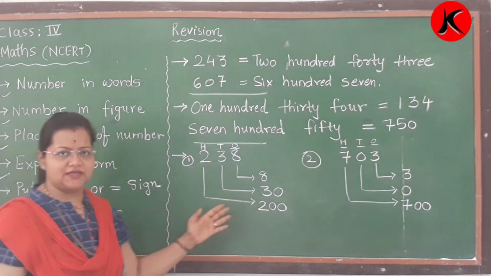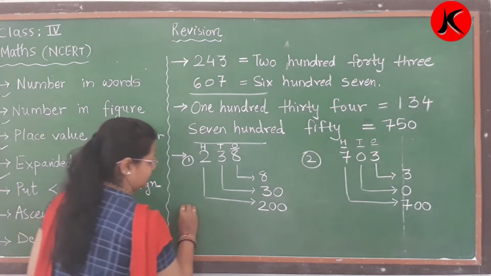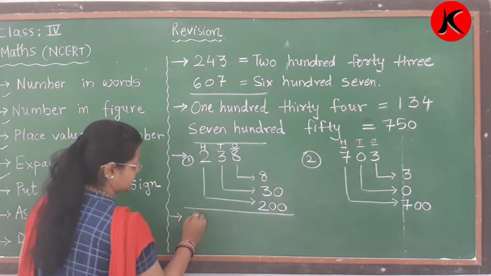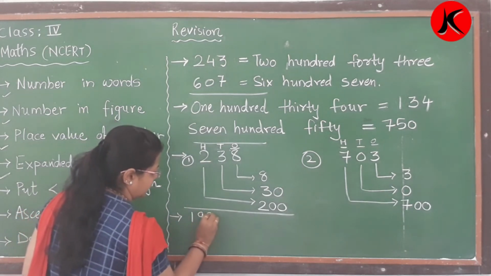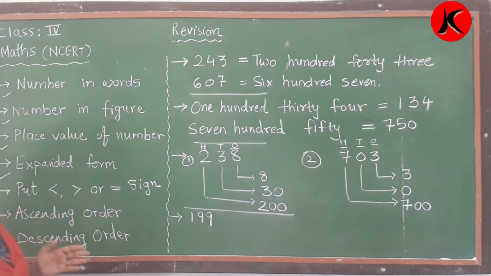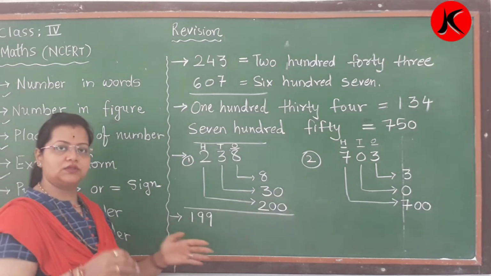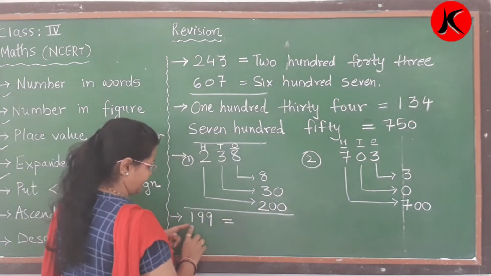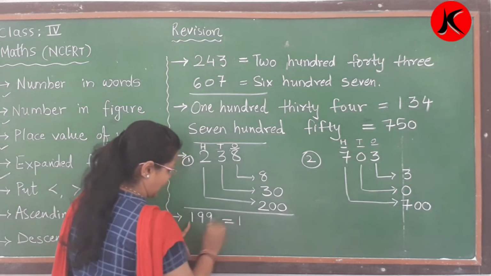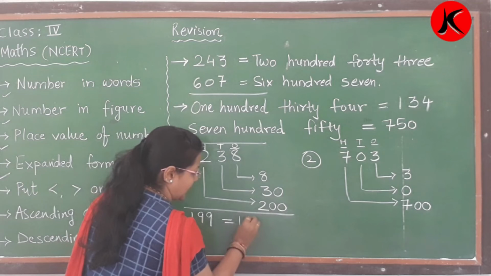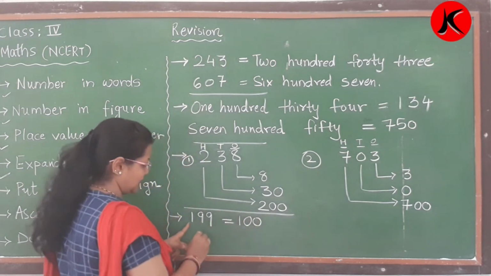It's similar to place value. So here I give one example. Suppose the figure is 199. Here I have to write the expanded form, which means we have to break up the number. So see, first one is 1. After that how many digits are there? 2 only. So write 1 0 0. Clear?